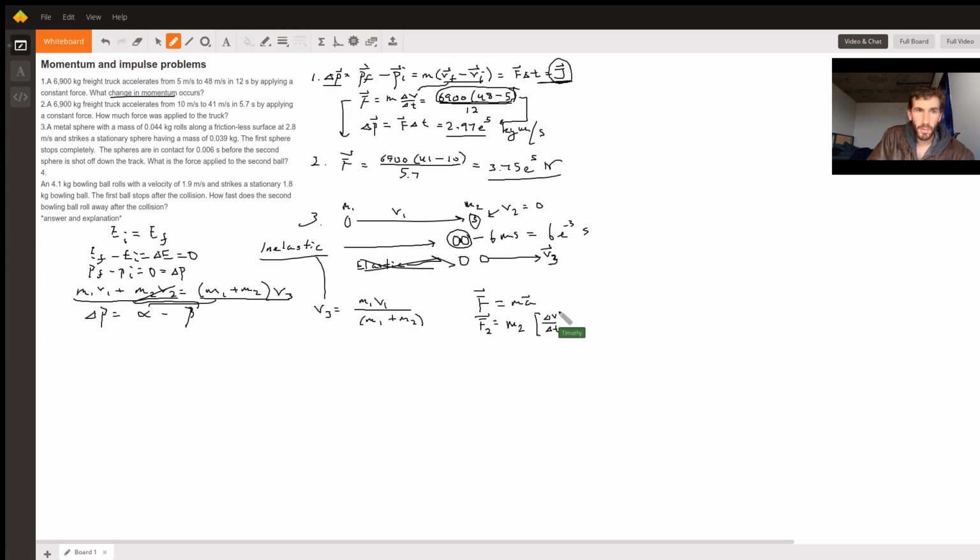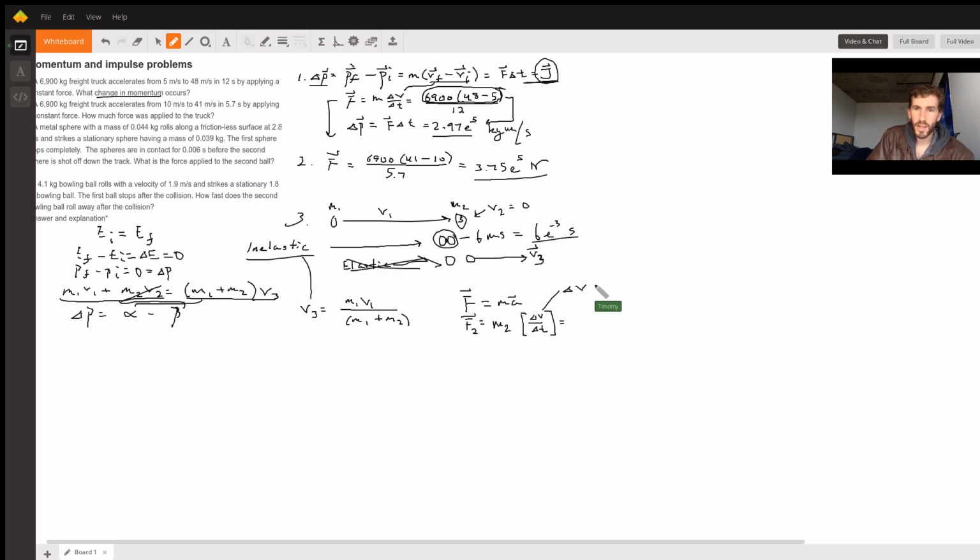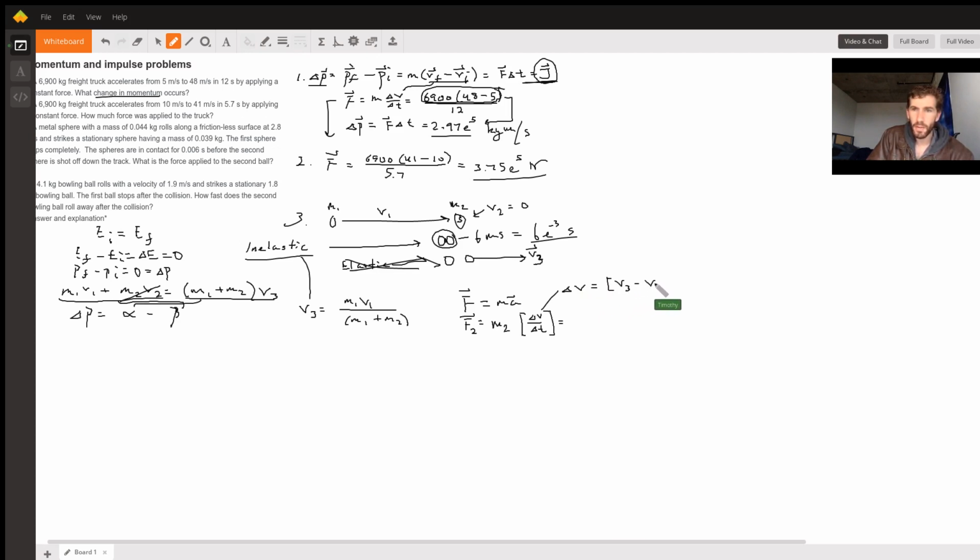Okay? And we have a time in here, which is that 6 milliseconds, right? So we're essentially just going to say, first of all, what is this delta v? This is the change in the second ball's velocity. So the second ball has V3 minus V2. V2 is 0, but we have V3, right?